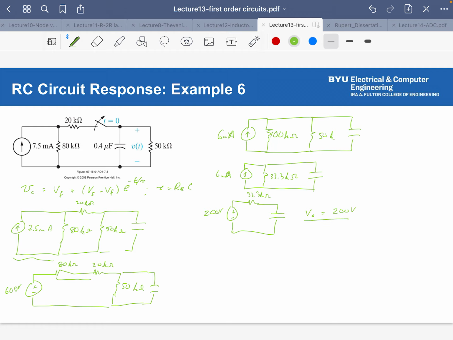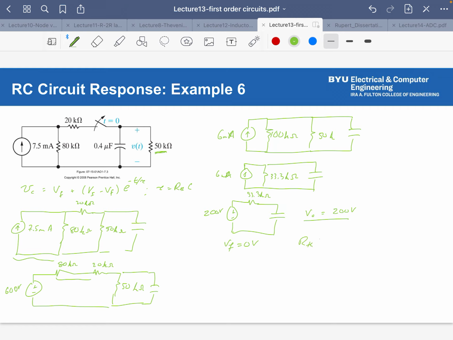And then we look at the final voltage. So after the switch is opened at t equal to 0, the capacitor just discharges. So it'll discharge to 0. So VF is going to be 0 volts. And while it's discharging, all it sees is 50 kilo ohms.